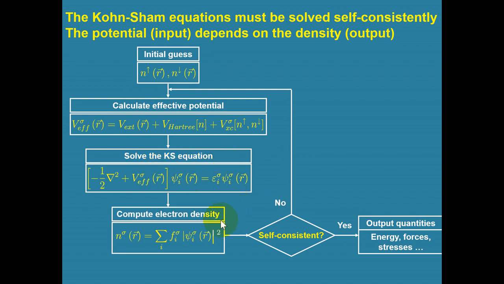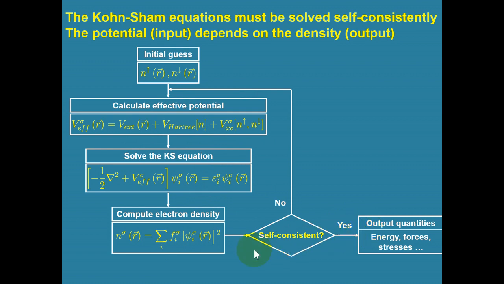Then we obtain a set of wave functions to calculate a new electron density for our system. If the electron density we got here is the same as the one we had as the initial guess, then we have self-consistency in our loop. Then we can calculate the ground state energy and other properties of our systems.